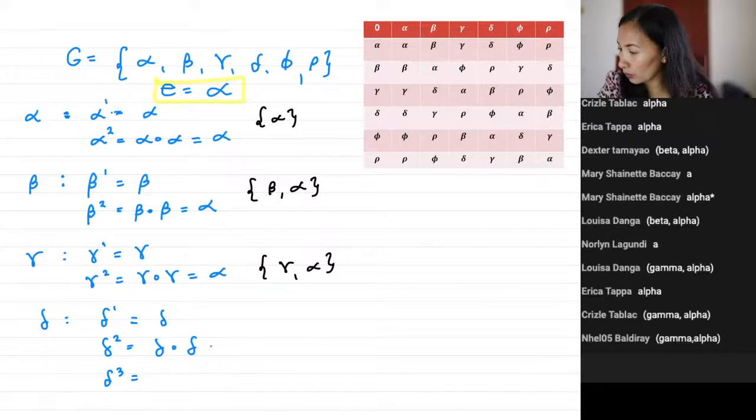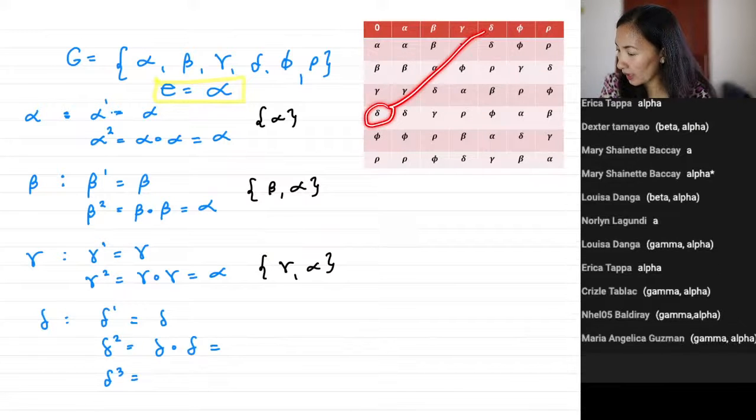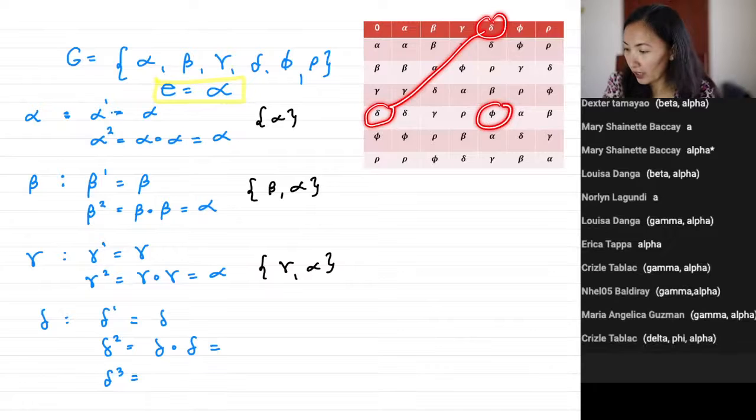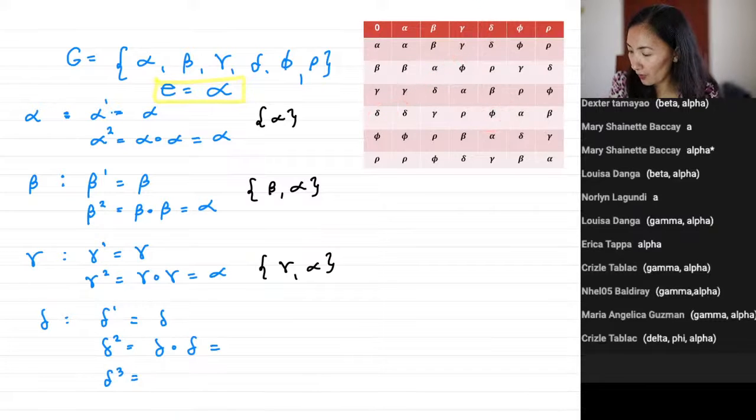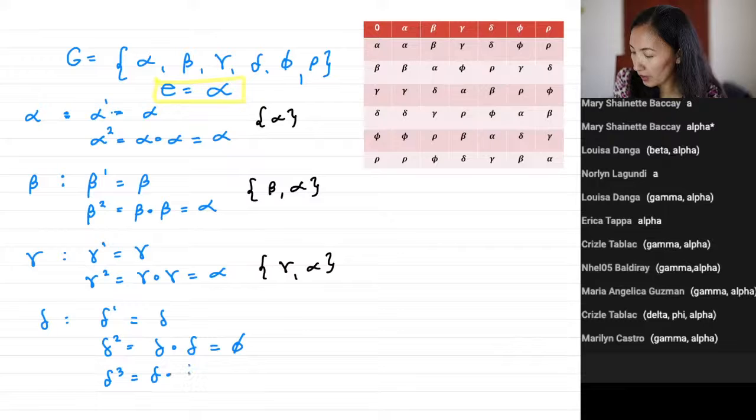What is it equal to? From the table, delta circle delta is phi. So we should not stop here, kasi hindi pa naman yan yung identity element. So, we continue.